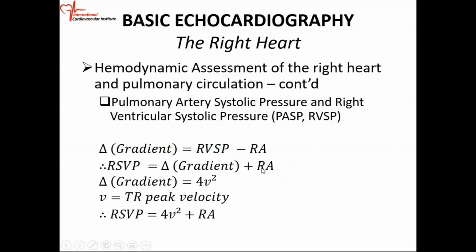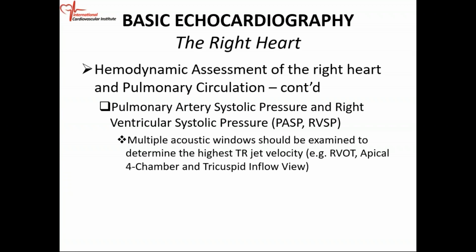We went over in detail how to get the right atrial pressure. You have to measure the IVC, and look and see how much collapse you get with inspiration or sniff. So you can calculate your right ventricular systolic pressure. It's going to be the same as your pulmonary artery systolic pressure, unless there's obstruction of the right ventricular outflow tract or across the pulmonary valve.